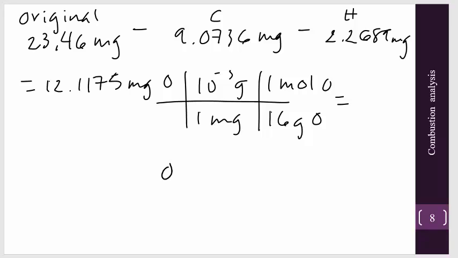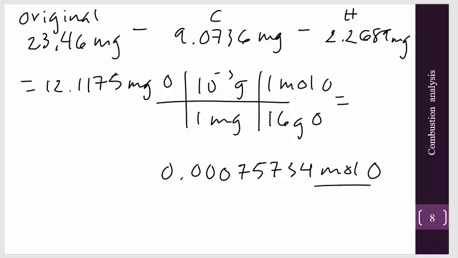Now we have this. So now we have moles of oxygen in the original, as well as the moles of carbon and moles of hydrogen that we calculated previously. Now we need to use that to determine an empirical formula.